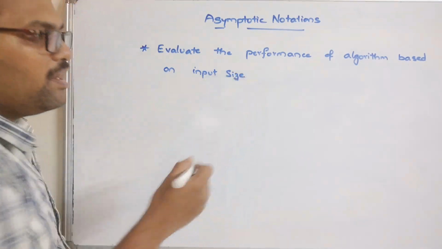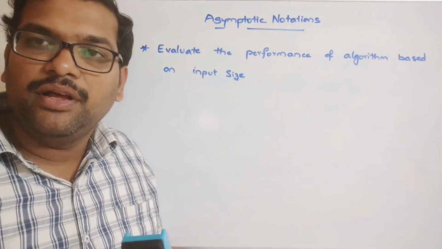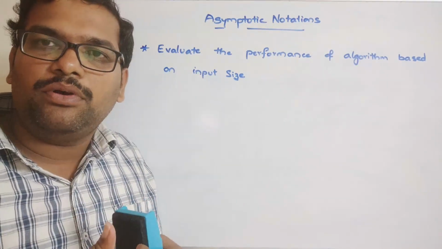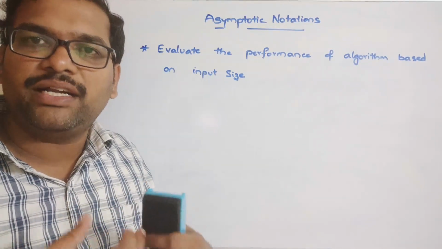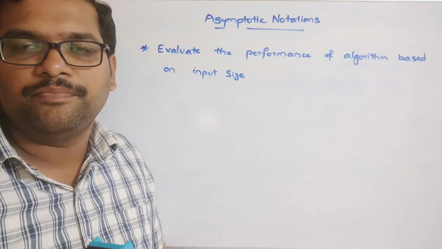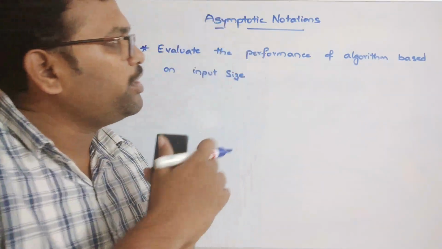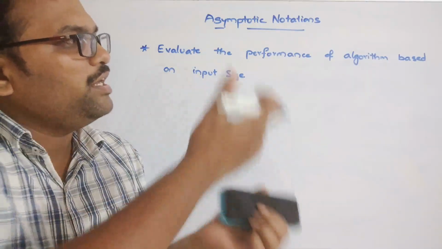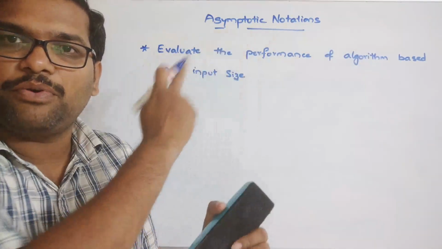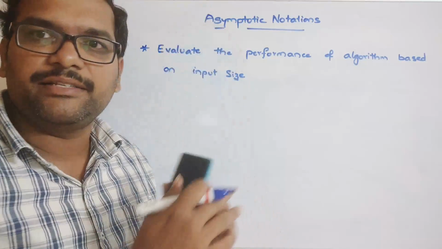According to our discussions in our previous session, depending upon the input, the algorithm execution time will change. So these asymptotic notations will evaluate the performance of the algorithm based upon the input size.